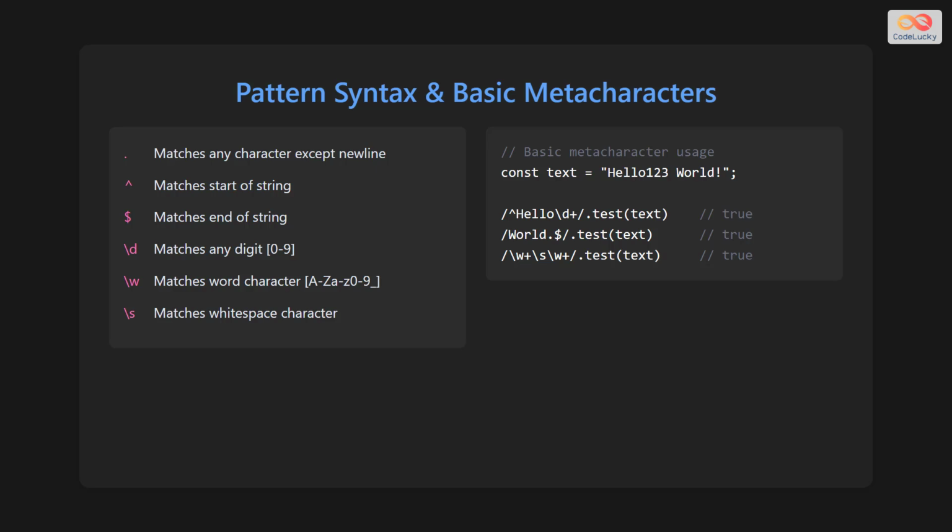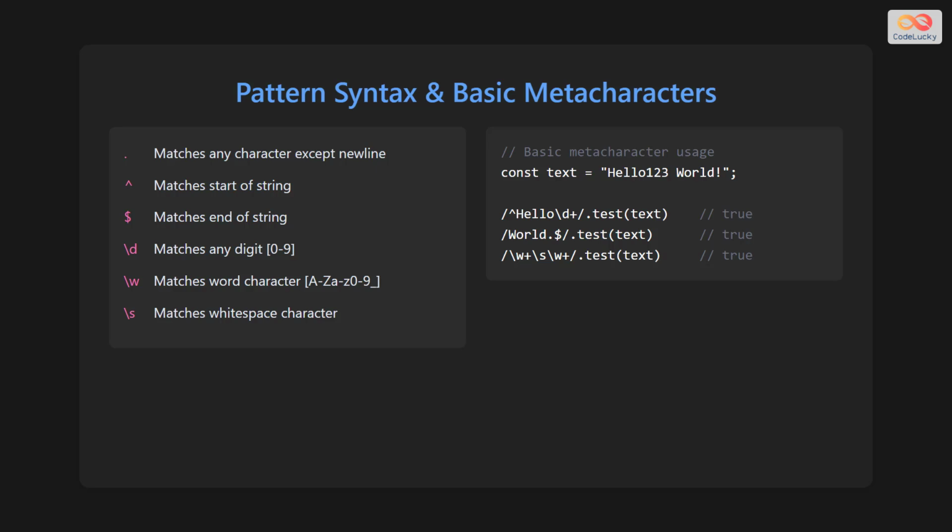\w matches any word character, including uppercase A to Z, lowercase a to z, digits from 0 to 9 and underscore. \s matches any whitespace character like space, tab, newline, etc. These metacharacters are building blocks for creating patterns.